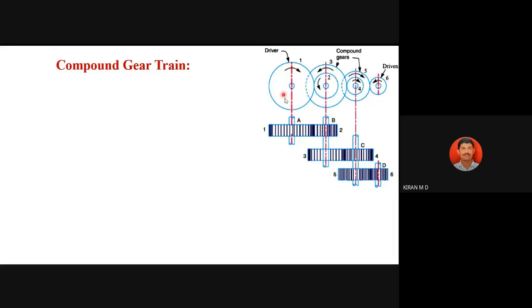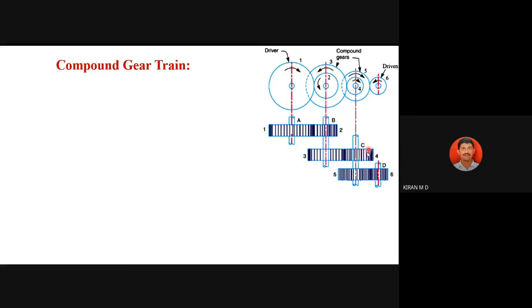See, gear 1 drives gear 2. Gear 2 is mounted on shaft B. When gear 2 rotates, the shaft also rotates and gear 3 also rotates. Gear 3 drives gear 4.